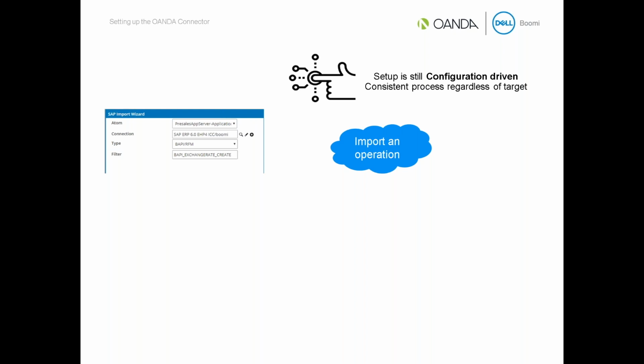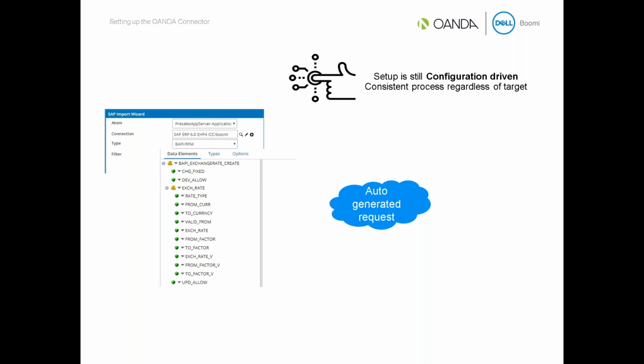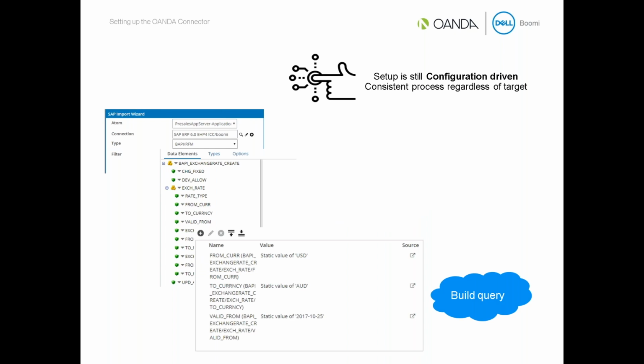And here we define that we're talking to SAP through a BAPI RFM interface. And then we, again, similarly build a filter here that's going to define how we map data and interact with the SAP BAPI, which again is basically a stored procedure.